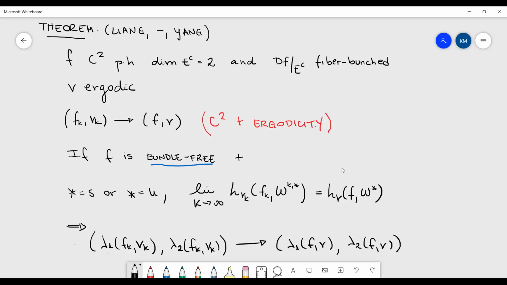No, for the convergence of the entropies. Ah, this one. I don't know. Okay, thank you.